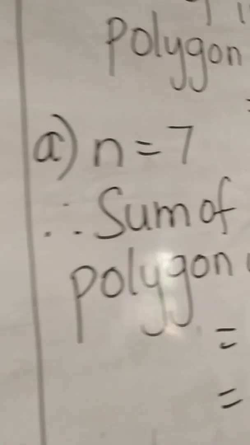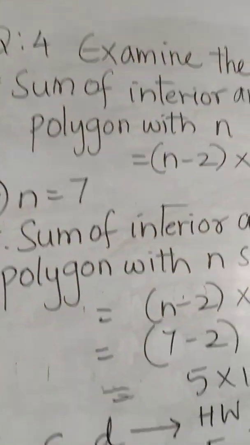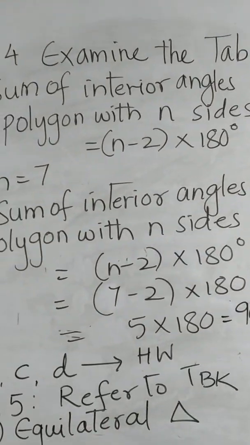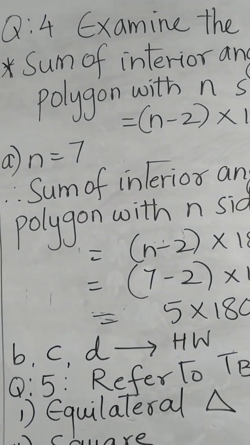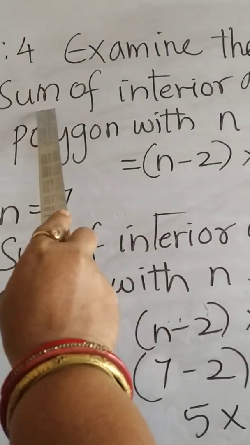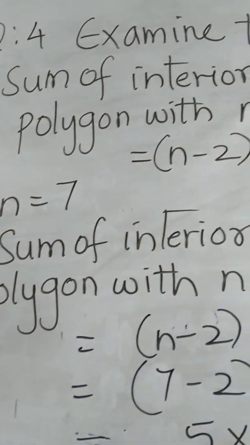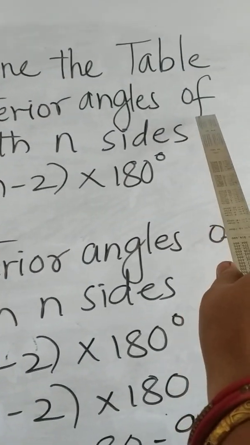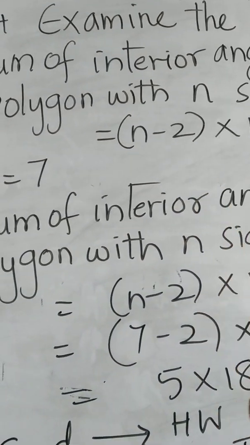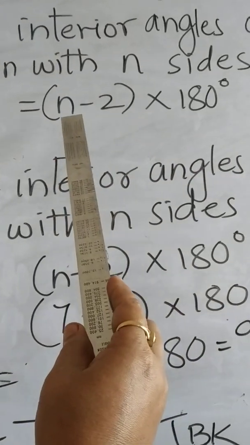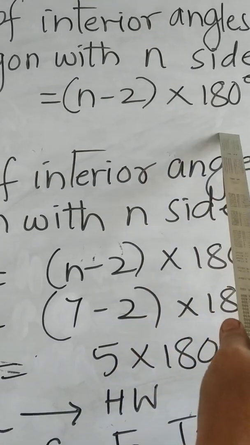Okay. Now we go to question number 4. Question number 4, a table is given. Please see the textbook. Open your textbook and sit when you are solving the sums. Examine the table. We know that the sum of interior angles of a polygon with n sides is given by the formula (n minus 2) into 180.